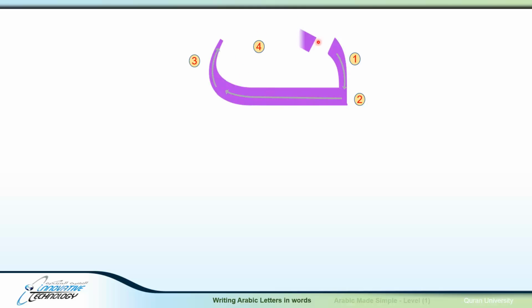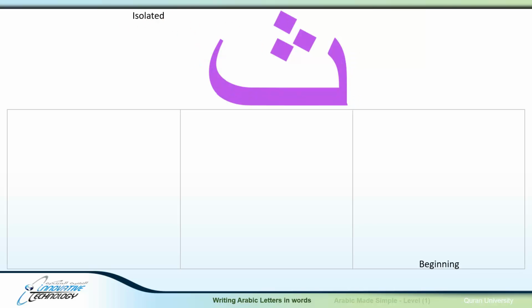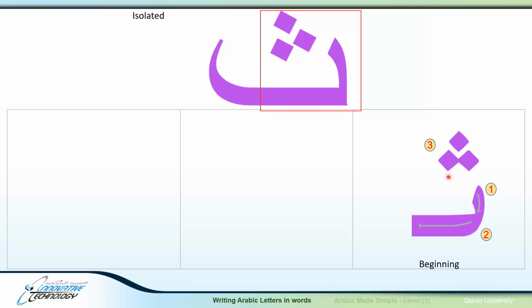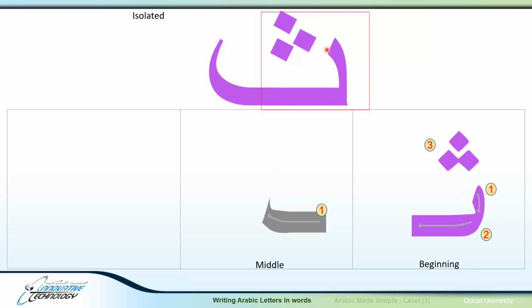The tha is written exactly the same way as the ba and ta, a bed letter, but with three dots on top of it in its isolated format. At the beginning, we take the first half of the tha, and that's how we start, with three dots on top. Then in the middle, it follows a dash. So the dash, then it's followed by exactly how it looks at the beginning, the first half of the tha, and three dots on top.